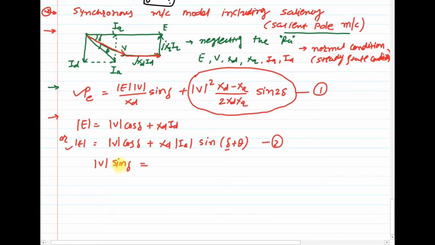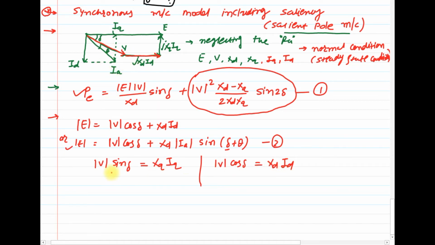Same way, we can write V sine delta is equal to this quadrature term, XQ into IQ. Clear? If you wish, in the same way you can write V cos delta is equal to XD into ID. Clear? For this direct axis term.